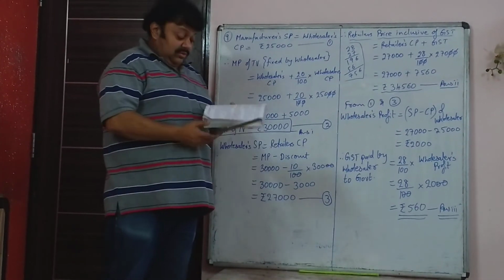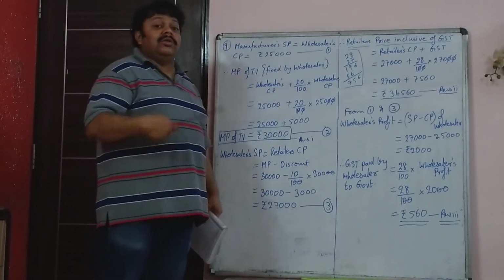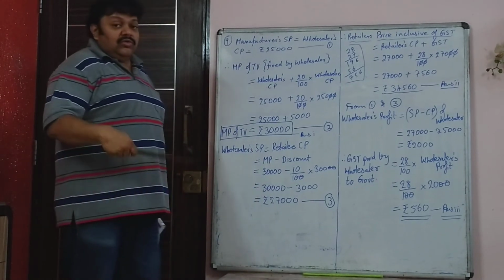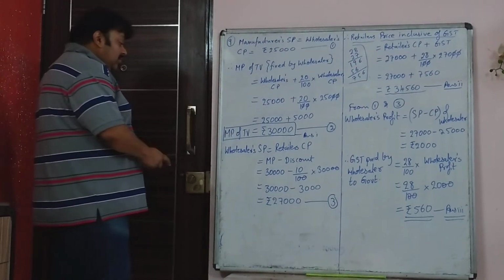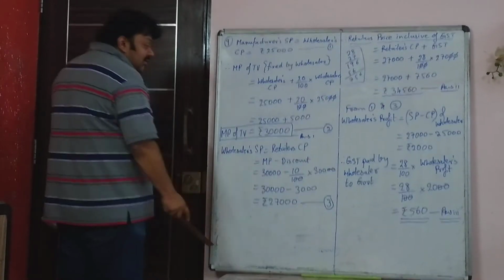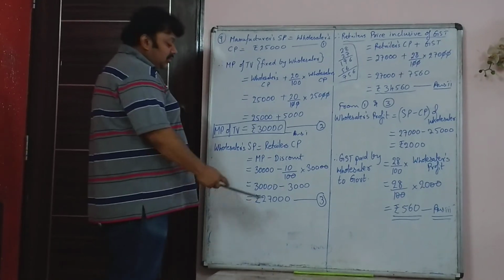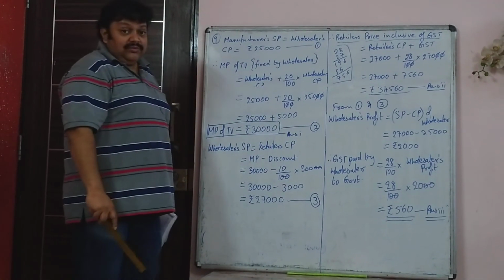Now you are asked, last part of the question, the GST paid by the wholesaler, meaning how much GST the wholesaler gave the government. So to find that, you have to find the wholesaler's profit. The wholesaler's sale price was 27,000 and the wholesaler's cost price was 25,000. So this difference will give you the profit.